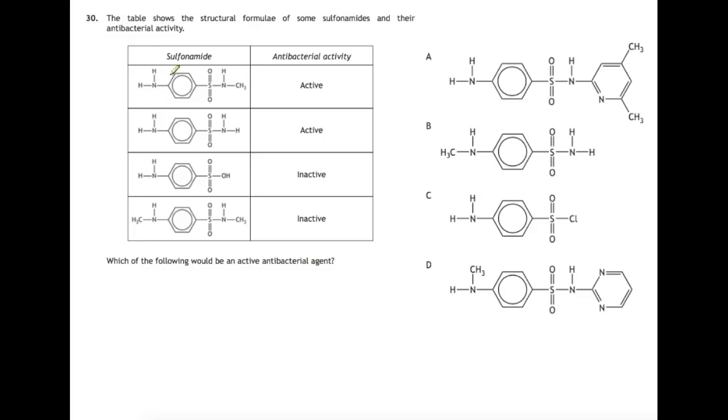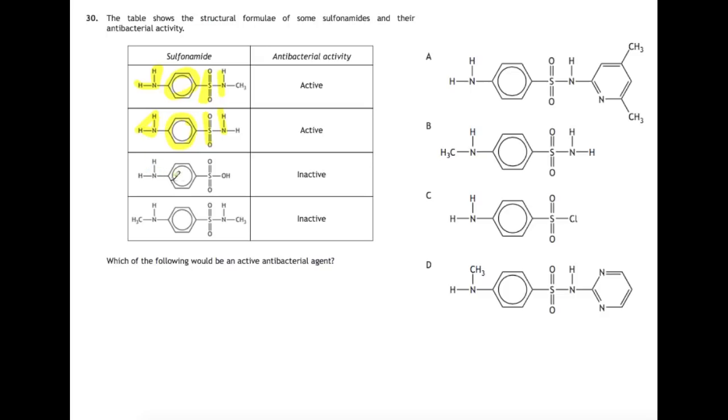So if we have a look at the structure of the 2 active drugs and what is similar between those, they both have this NH group here, they both have this ring, they both have this SO2 part, and they both have this NH. This part here is changed, but they're both active, so this part just changes slightly how it will work, but they both work.